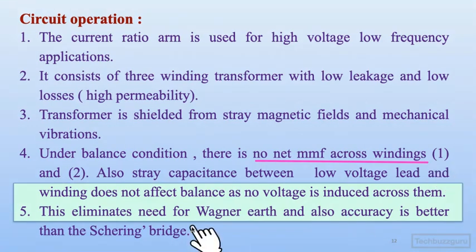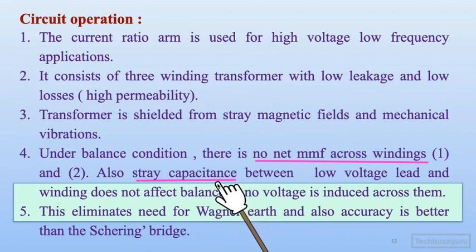तो यहाँ पे देखिए जो लास्ट पॉइंट में क्या पॉइंट मेंशन्ड है, here it is. What happens is that under the balance condition there is no flow of current. So in turns N1 and N2, no net MMF. There is a net cancellation of MMF. Consequently, stray capacitance between low voltage lead and the winding does not affect the balance. Stray capacitance का effect इस method में नहीं रहता है.